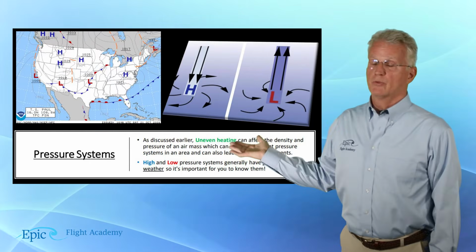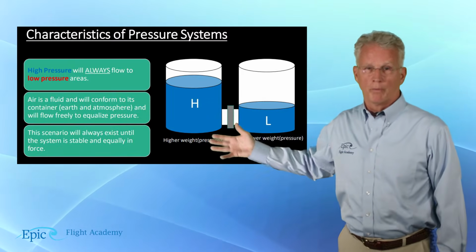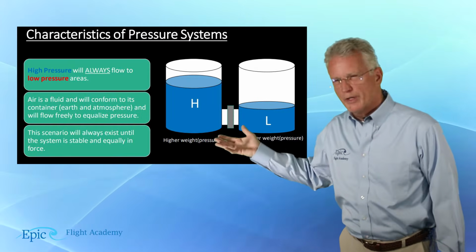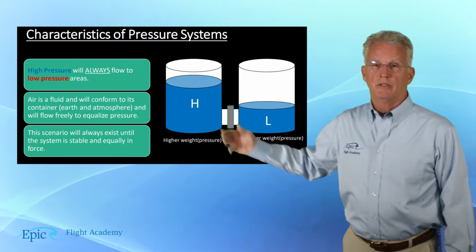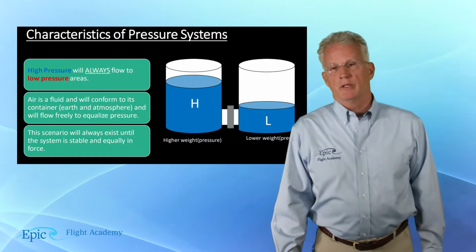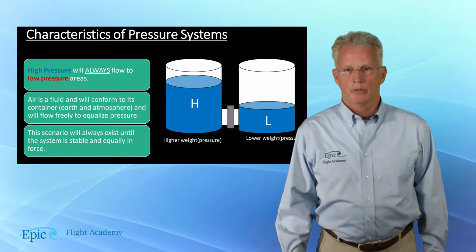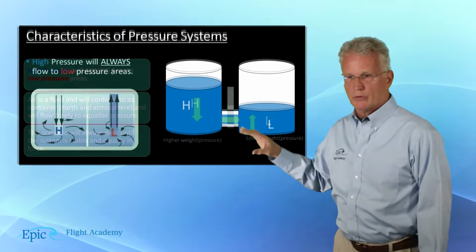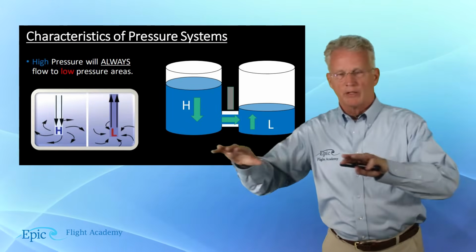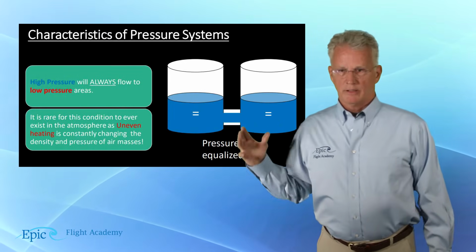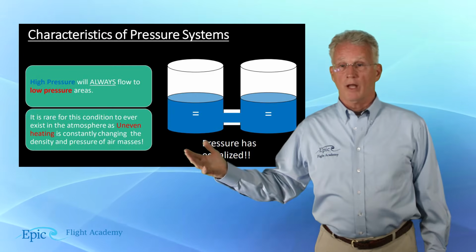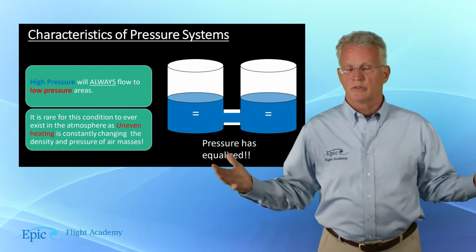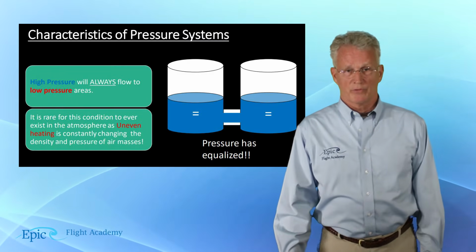And oftentimes we can characterize that or picture it with the use of water. So you see in these two cylinders, the high pressure wants to flow through the tube there and equalize that water level in the tube shown on your right. And that's exactly what's happening in the atmosphere.